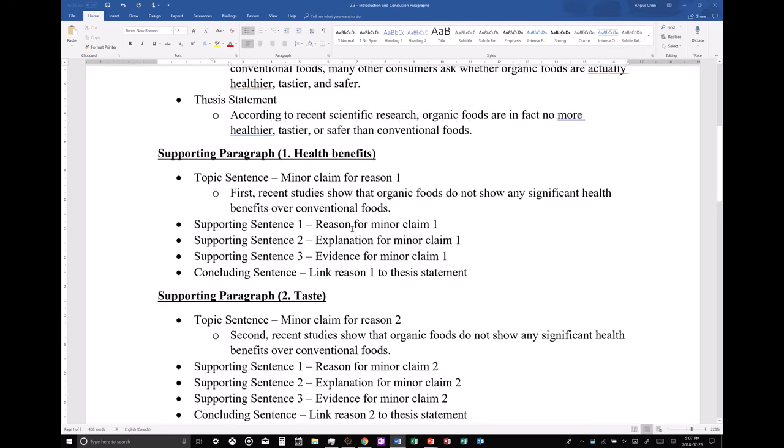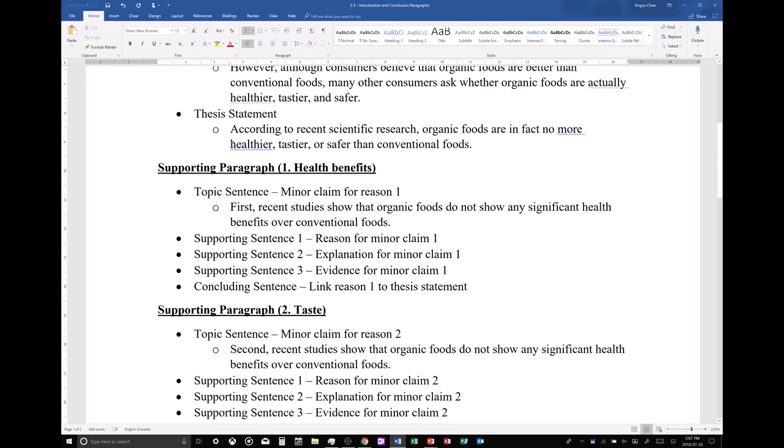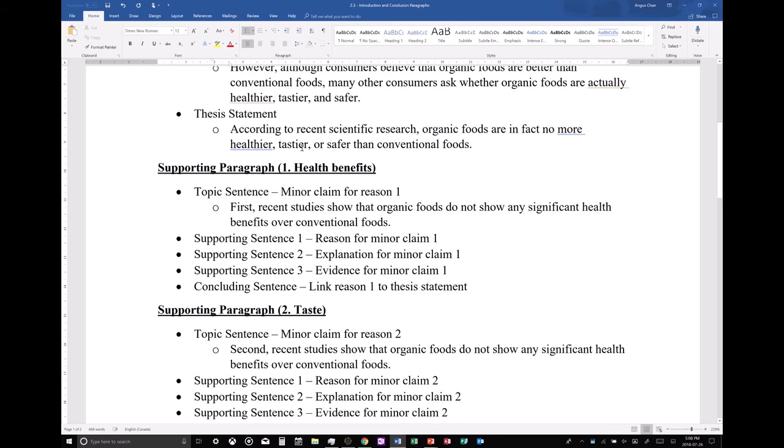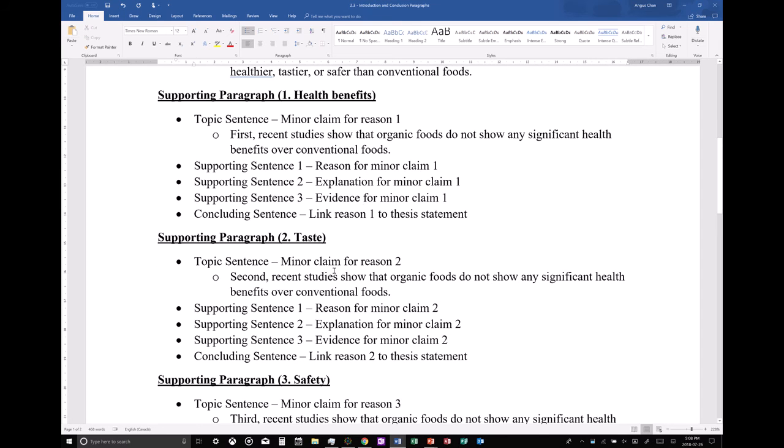Okay, and a particular structure I may be using here could be most important to least important, at least to the person. And you could restructure it as tastier being least important, then healthier being more important, and safer being most important. It's totally up to you. Remember to have a logical structure.